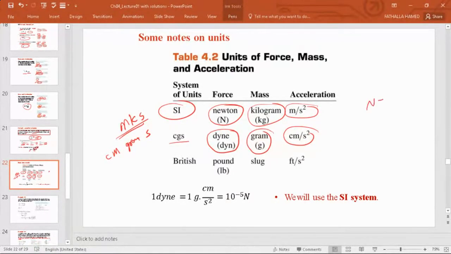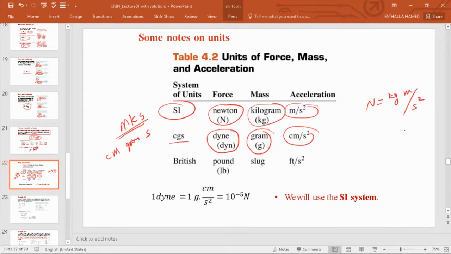So if we look at the Newton, which is equal to kilogram meter per second squared, and you want to convert that into centimeters and grams, then you will have 1,000 times 100. So it will give you 100,000 gram centimeter per second squared.